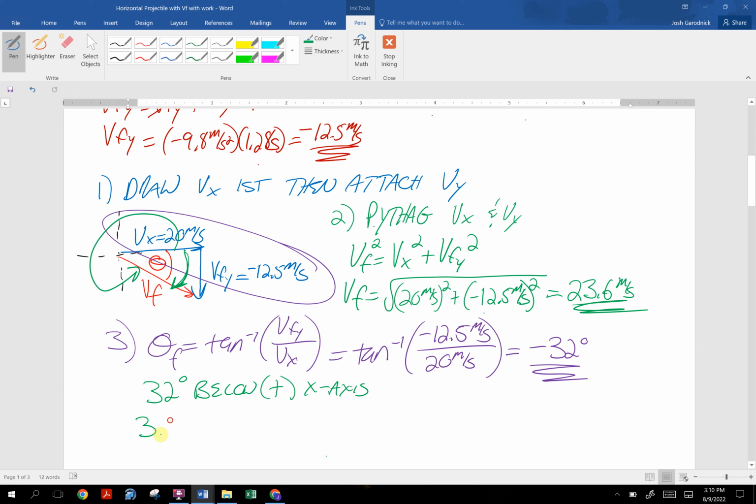So that would be 360 degrees, but we have to take out that 32 degrees, and we get 328 degrees. So either answer, 23.6 meters per second at 328 degrees, or 23.6 meters per second at an angle of 32 degrees below the positive x-axis. Both of those angles are fine. And that's about it.